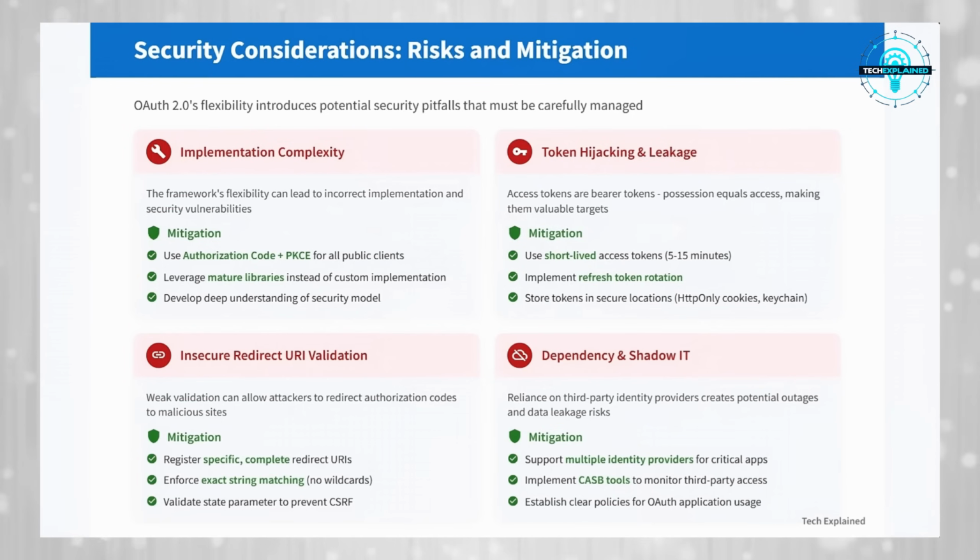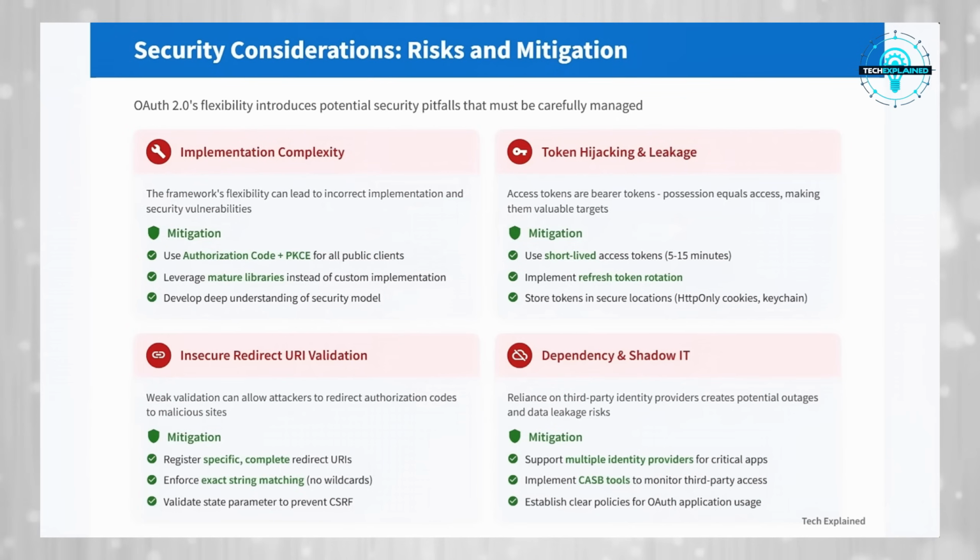To prevent this, the client must register the most specific and complete redirect URI possible with the authorization server. The authorization server, in turn, must enforce an exact string match against the registered URIs. Wildcard matching should be strictly forbidden.